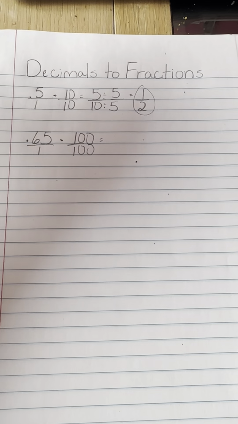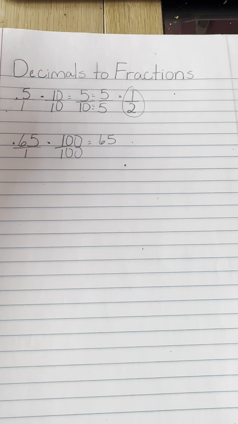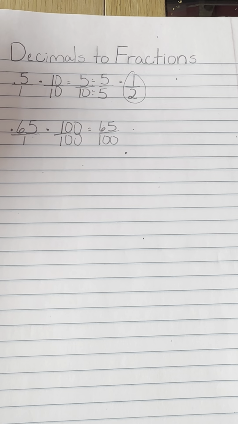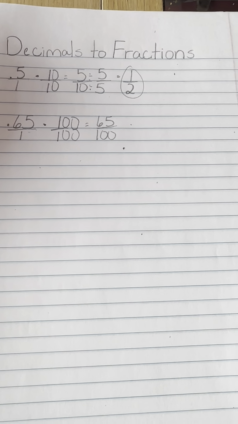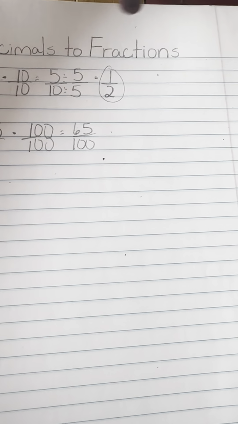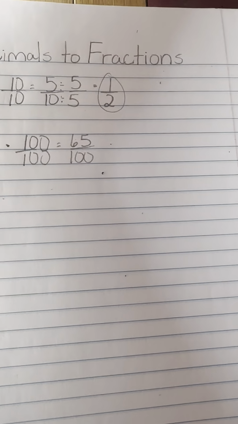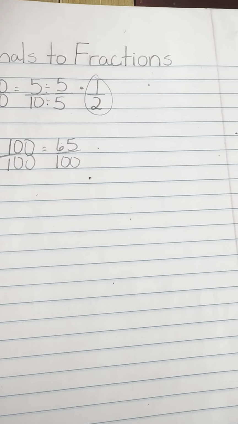0.65 times 100 is 65. And 100 times 1 is, of course, 100. And that can be simplified. Let's see how we can simplify this.